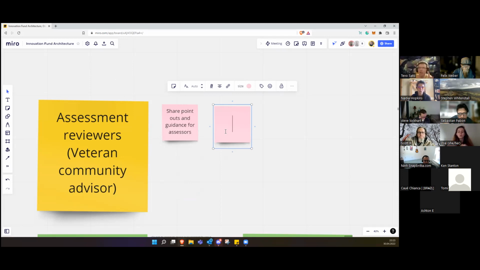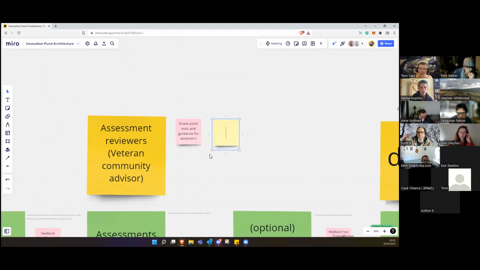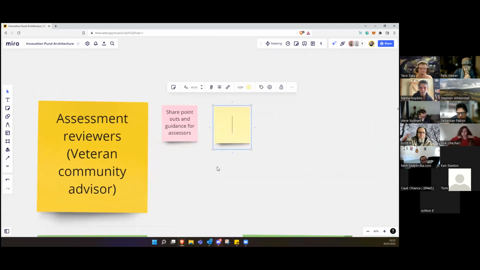It seems like there should be so much activity between veteran community advisors and proposal assessors. But right now it feels like a hostile collaboration instead of activities they could do together, or discussions they could have together.